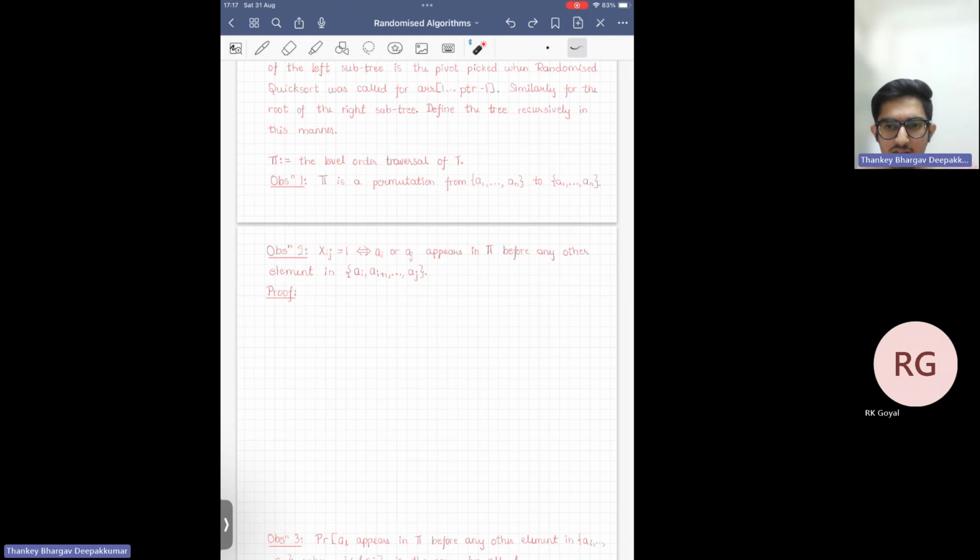These elements would be on one side and will come together if we have not picked any element as a pivot element from this set.